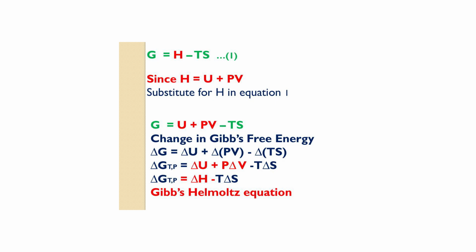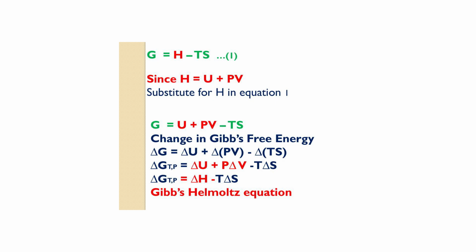The change in Gibbs free energy at constant temperature and pressure, that is delta G at constant T and P, is equal to delta U plus P delta V minus T delta S, since V delta P is equal to 0 and S delta T is equal to 0.